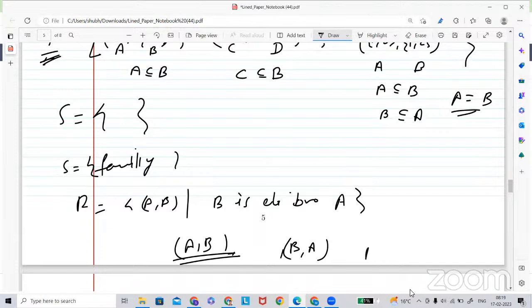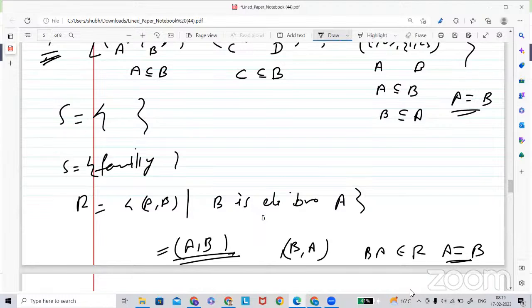Because whenever B and A belong to R, then A should equal B. That applies only to one person, A being elder than himself, but it will never happen. How can a person be elder than himself? So only the first condition is following. In that case, it is going to be antisymmetric.